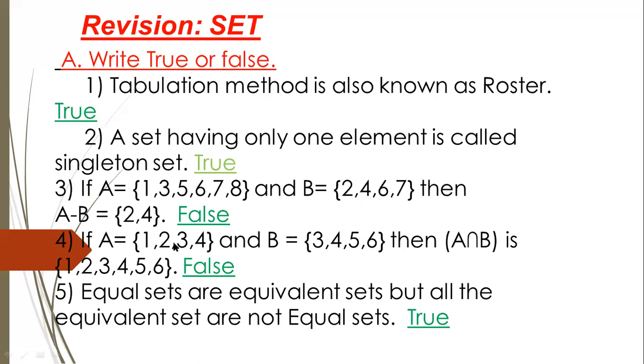If A equals 1 2 3 4 and B equals 3 4 5 6, then A intersection B is the set 1 2 3 4 5 6. It's false. Another question: equal sets are equivalent sets, but all the equivalent sets are not equal sets.